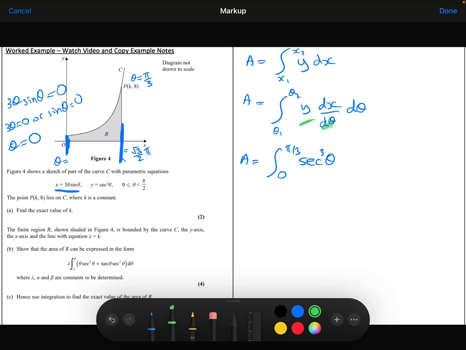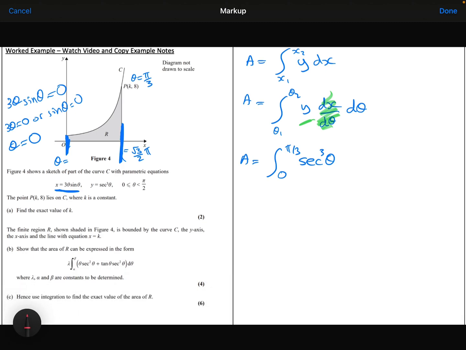Now I need my dx by d theta. So I need to differentiate x with respect to theta, if x equals 3 theta sine theta. To do this, this is a product, so I need to use the product rule. If I say u equals 3 theta and v equals sine theta, then u dash will be 3, v dash will be cos theta.